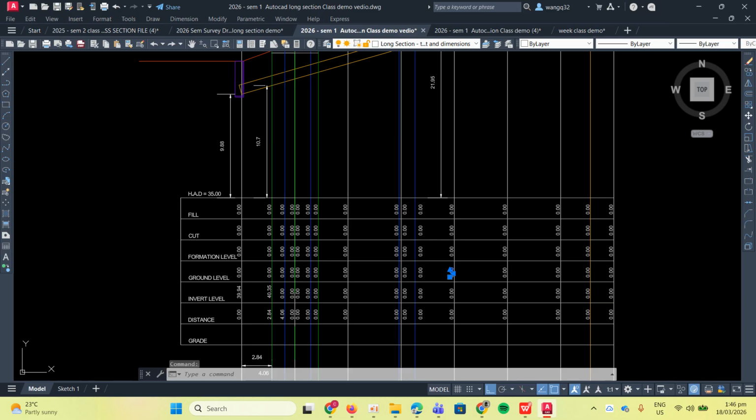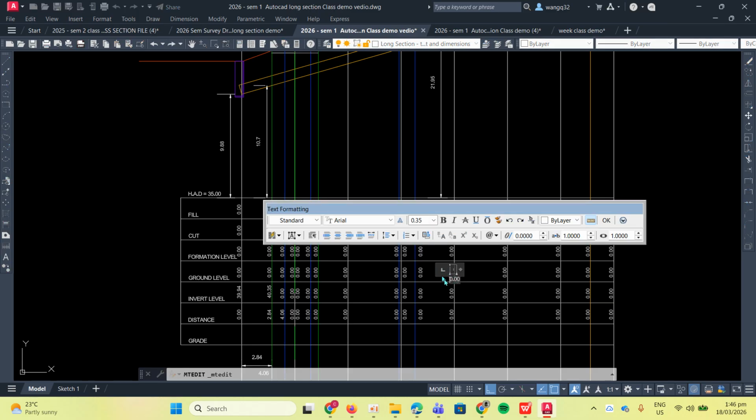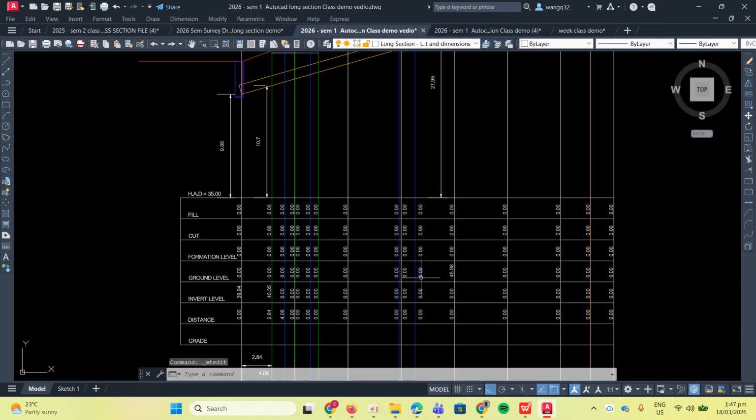So my ground level here will be 45.98. Another way I can do it is I change my dimension scale.